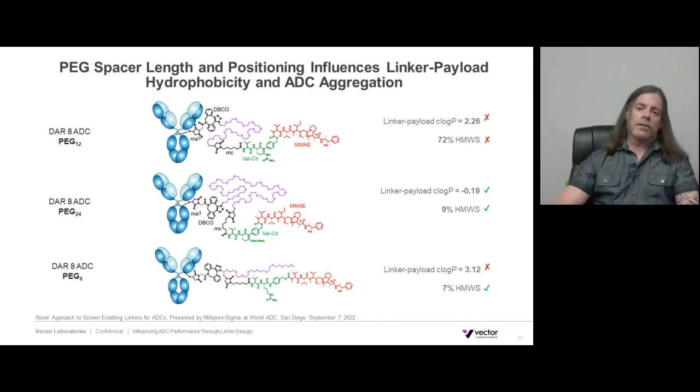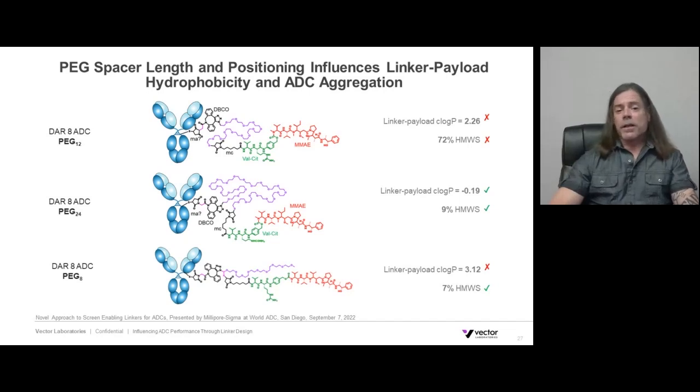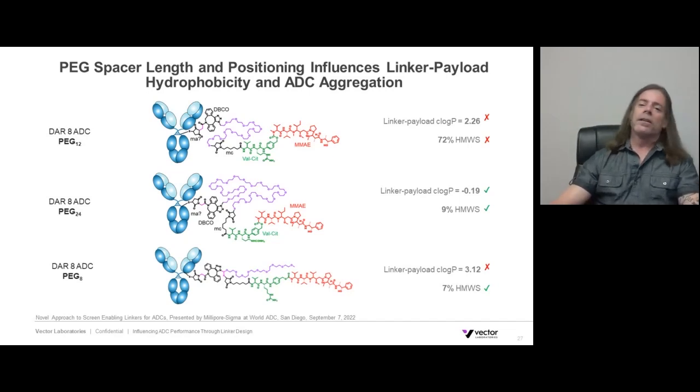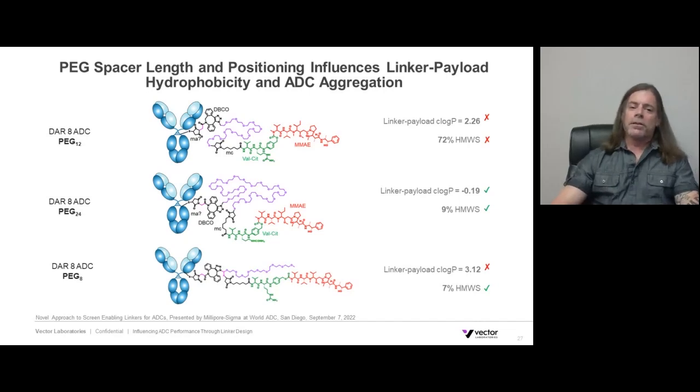So what this has done is it kind of shields that trigger and payload. And in this case, it's only a PEG-8 rather than a PEG-24 and PEG-12, like the examples above. And you can see that's reflected in the C log P over on the right, which is actually higher than the above two examples. But the DAR8 ADC is only 7% aggregated, which is lower than the above two examples.